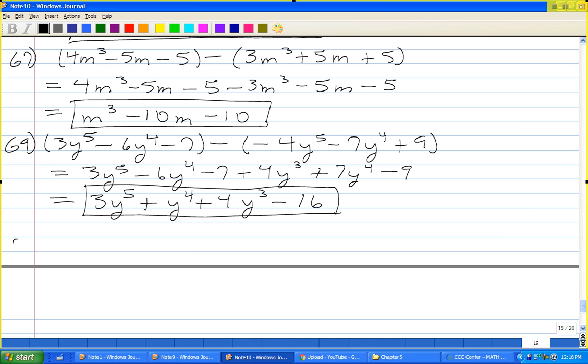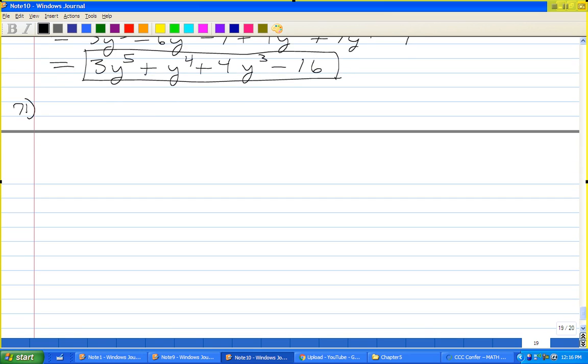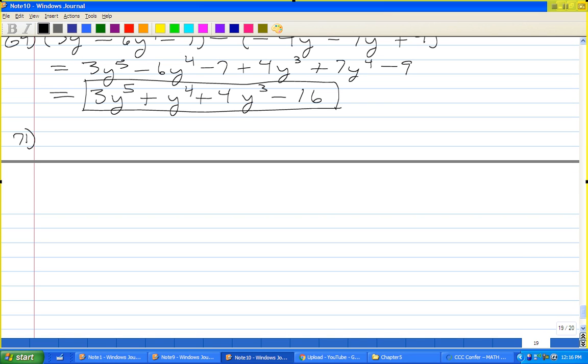71. I want to subtract x squared plus 5x minus 8 from x squared minus 2x plus 1.